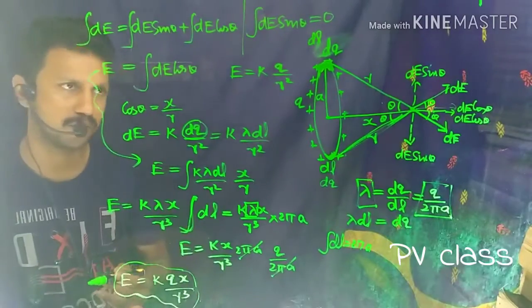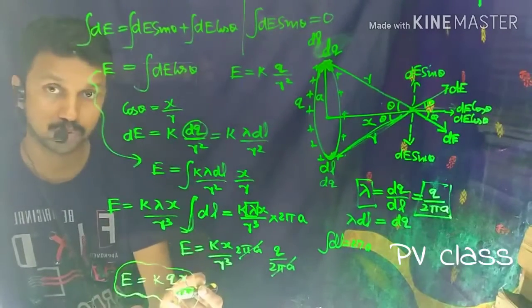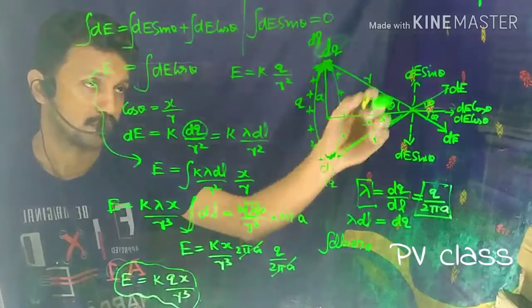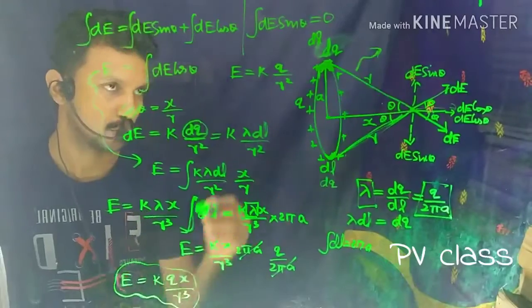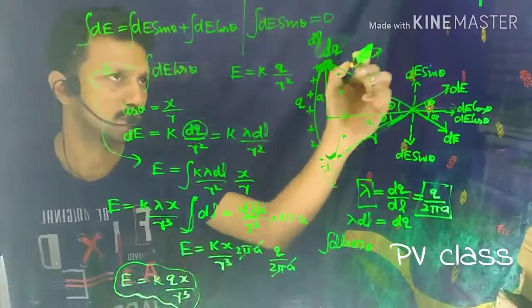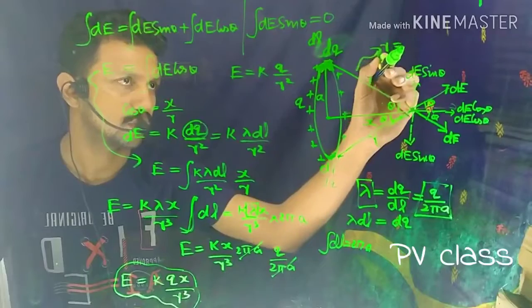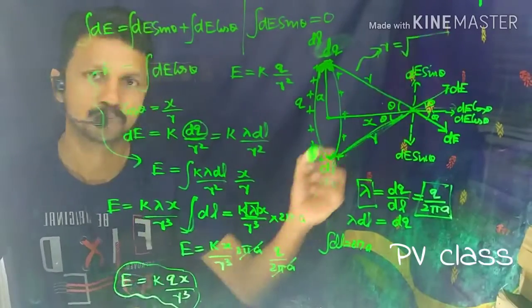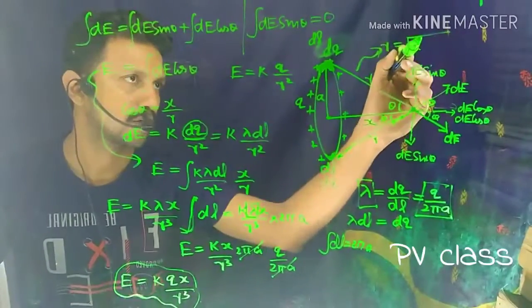And if you are substituting for r cube from this triangle by using Pythagoras theorem, hypotenuse square is equal to base square plus altitude square, we could write r is equal to root of what? A square plus x square.